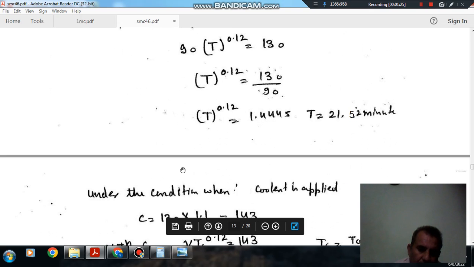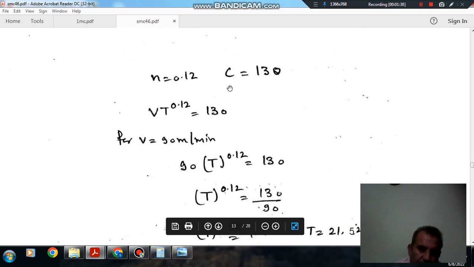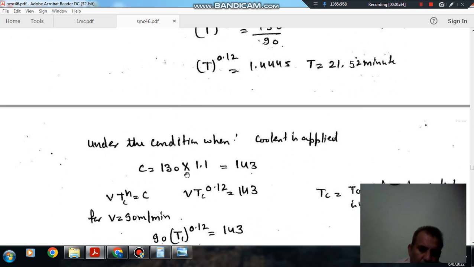Under the condition when the coolant is applied, C has been increased by 10%. So the new C is 130 into 1.1, that is 143.